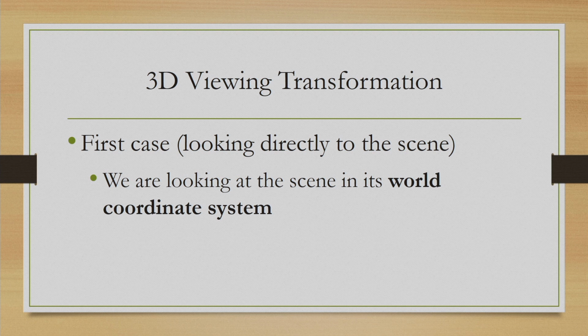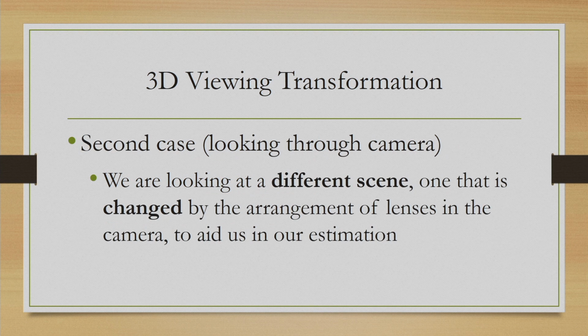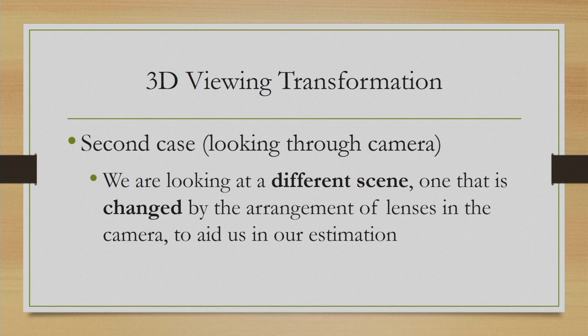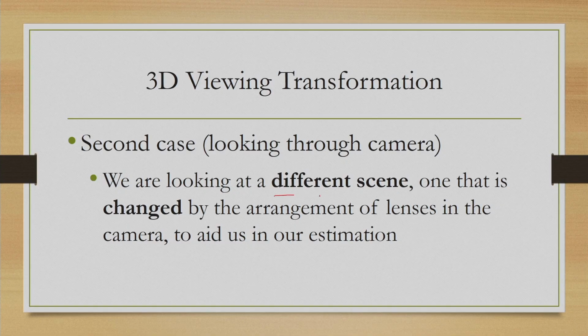If we are looking at the scene directly, that means we are looking at the scene in its original coordinate system, that is what we are calling the world coordinate system. So, when we are looking at the scene directly, we are looking at it in its world coordinate reference frame, world coordinate system. However, if we are looking at the scene through a viewing mechanism of the camera, then we are not looking at the scene in its world coordinate system. Instead, we are looking at a different scene, one that is changed.